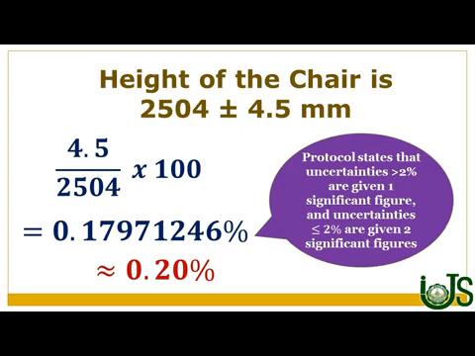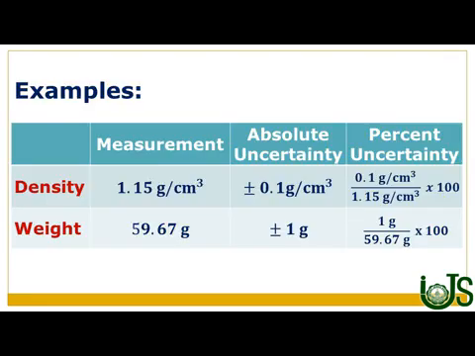Another example. In the table below, we have the measurement of density and weight and their corresponding absolute uncertainty. To get the percent uncertainty of the density, you divide its absolute uncertainty, which is positive negative 0.1 grams per centimeter cube, by the measurement, which is 1.15 grams per centimeter cube, and multiply it by 100.